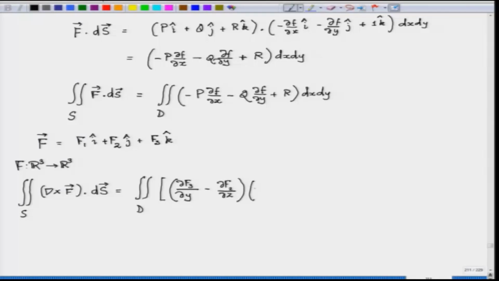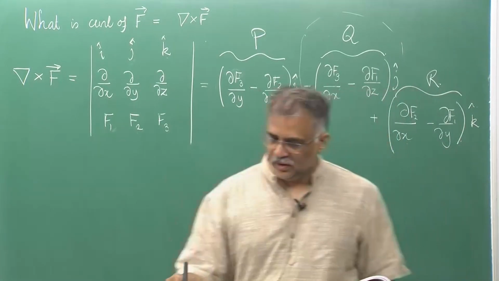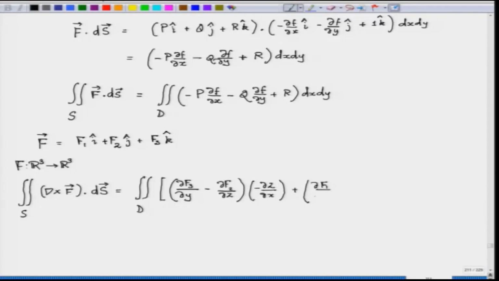So, I will have minus del z del x, plus, here Q is minus of this, so del f1 del z minus del f3 del x, into minus of del z del y. F is z actually.